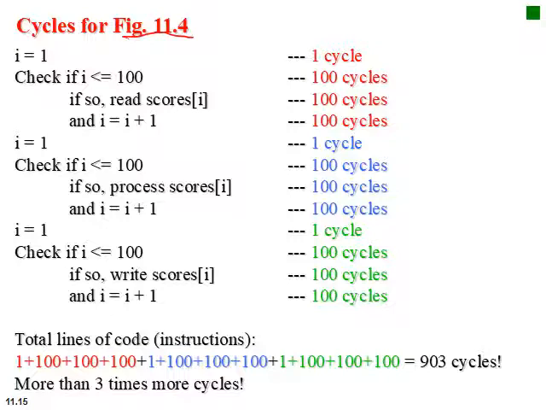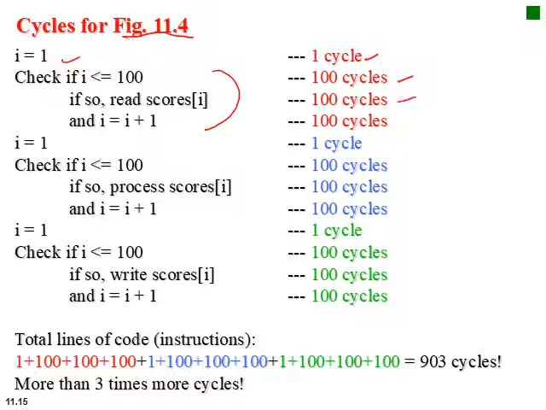All right, so we can count the cycles when we start by initializing I as 1. That is 1 cycle. But basically, in this loop, we're going to repeat 100 times. That means we're going to check 100 times if I is less than or equal to 100. So that's 100 cycles. In other words, we're going to read those scores.